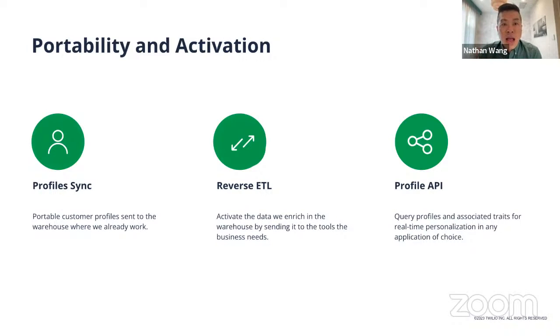Some examples of how we've seen people use the profile API: one, they built an in-app recommendation engine to show users or accounts the last 5 products they viewed but did not purchase. Or two, you could empower your sales and support associates with the complete customer context by embedding a user profile in third-party tools such as Zendesk.